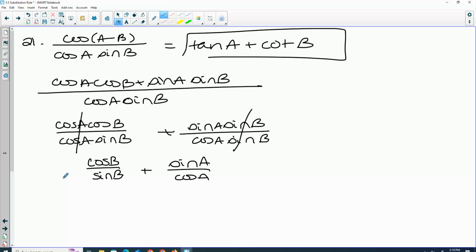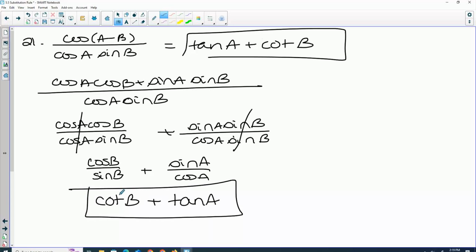When you see cosine over sine, what does that turn into? Cotangent B plus sine over cosine is tangent of A. And isn't that what we wanted? Yeah, just in a different order, but that's fine.